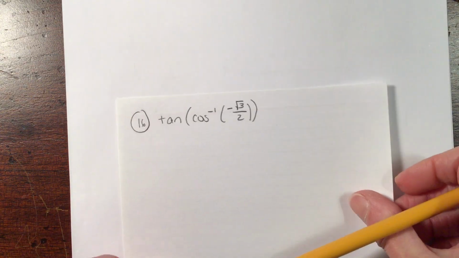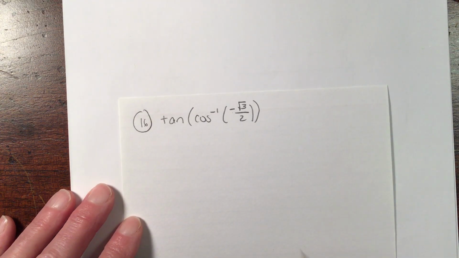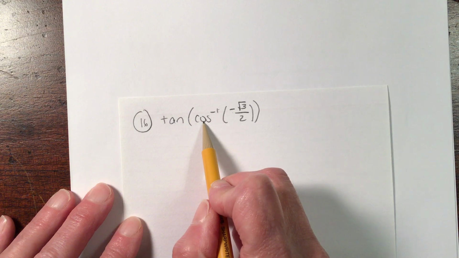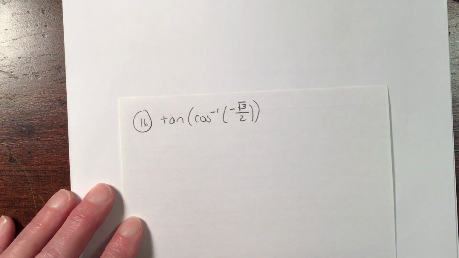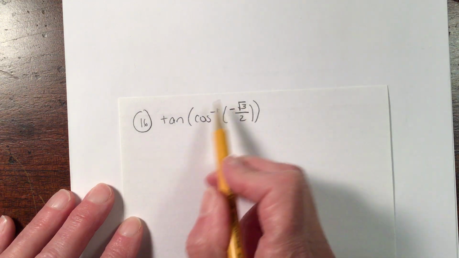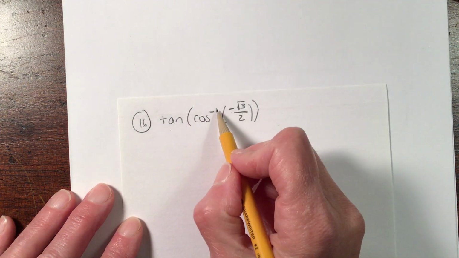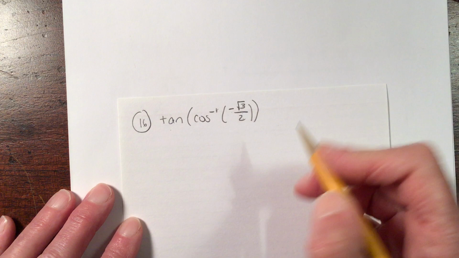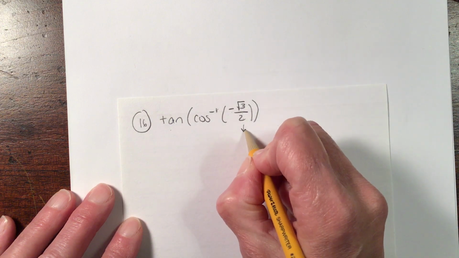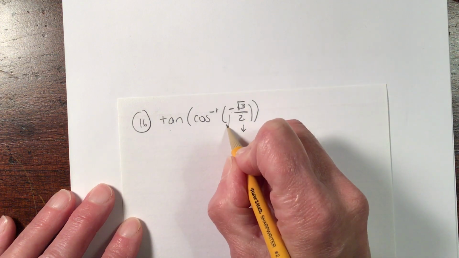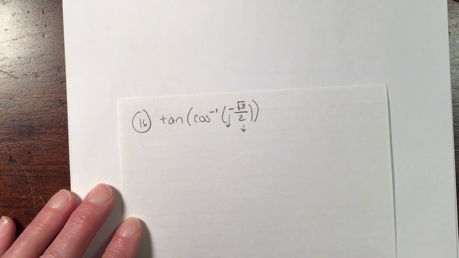If we take a look at something like number 16, reading this problem, I have the angle whose cosine is negative radical 3 over 2. And after I get that, then I'm going to set up the tangent. So I have the angle whose cosine is negative radical 3 over 2. Remember, that gives me the angle, and then I adjust the angle based on the quadrant.